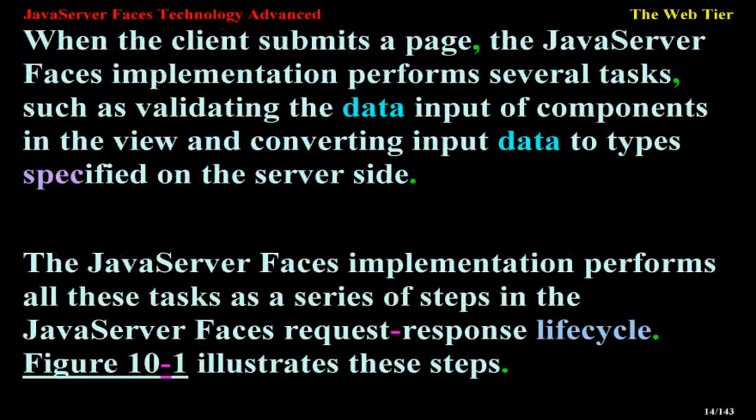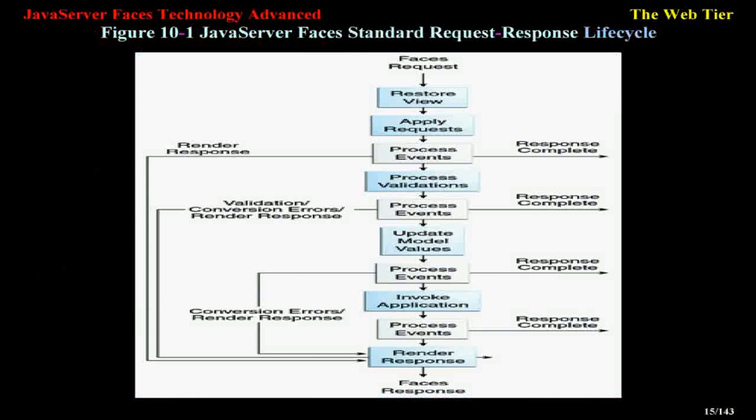The JavaServer Faces implementation performs all these tasks as a series of steps in the JavaServer Faces request-response lifecycle. Figure 10-1 illustrates these steps. Figure 10-1 JavaServer Faces standard request-response lifecycle.